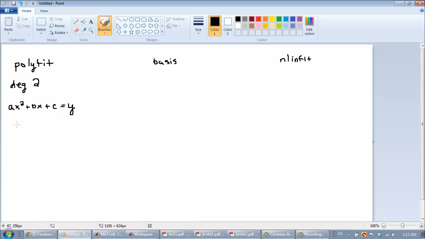So the general form of the polyfit you're going to be looking for will take the arguments x, which is a set of values you should have already, y, another set of values you already have, and the highest degree of the polynomial. So in this case, that's going to be 2. What this will return is a vector containing a, b, and c. Okay?